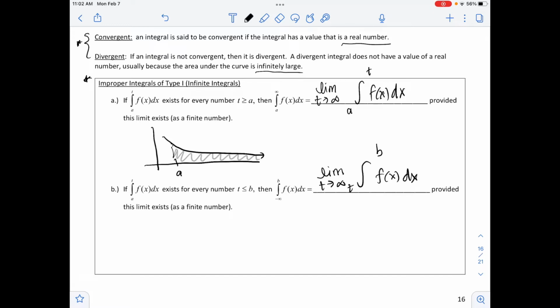For this, we would have another graph, and this time it goes off to negative infinity, and we have a value, we'll say b, and this area down here we'd be able to find.